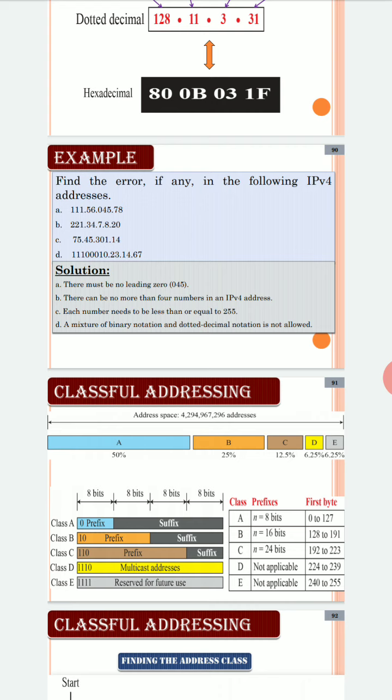The third one is 75.45.301.14. In this case, look at the third number, 301. Any number in binary is represented by 8 bits.